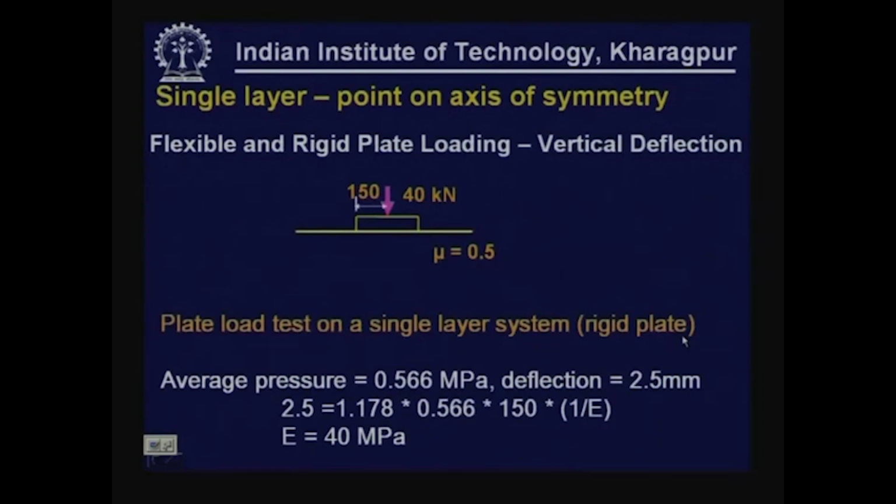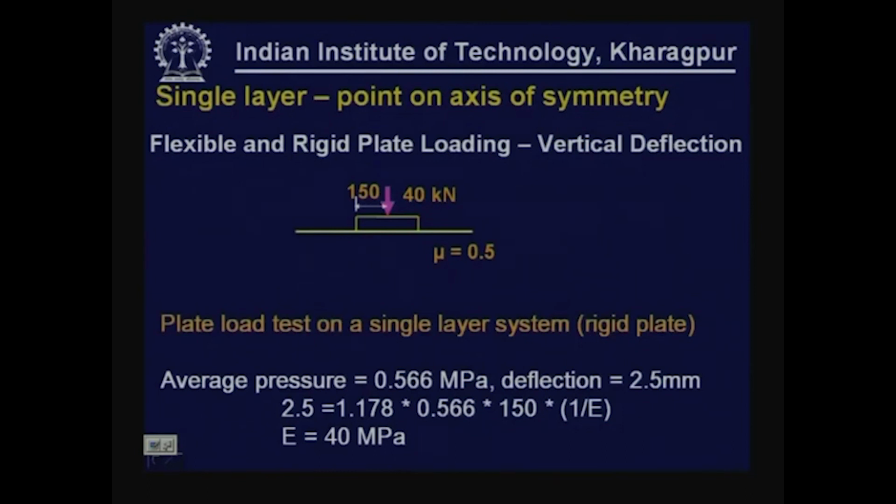Let us consider an example. Here we have a problem which has been subjected to a plate load test. The load applied is about 40 kilonewton and the radius of load contact area is 150 millimeter, and the Poisson ratio value is assumed to be 0.5, as you can see from this diagram. So, we have conducted a plate load test on this single layer system. This being a plate load test, this can be considered as a rigid plate.